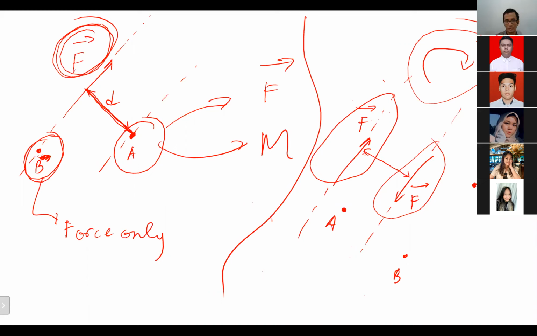If it's just one force, at some points it will give force and moment effect. At some point which is in the same line of action, it will give only force effect. Okay, Rizky? That's the difference between moment due to one force and a couple, like that. Thank you very much.